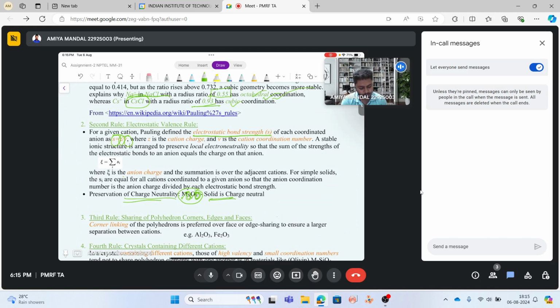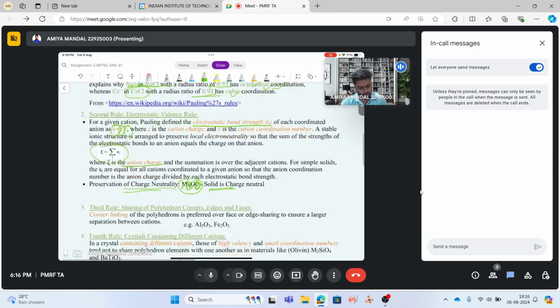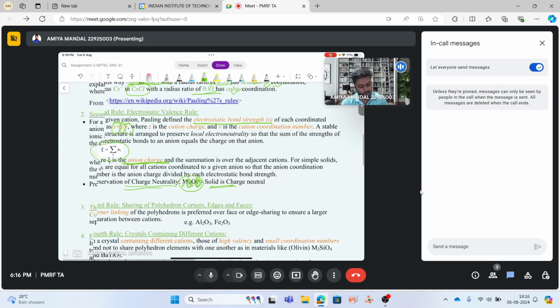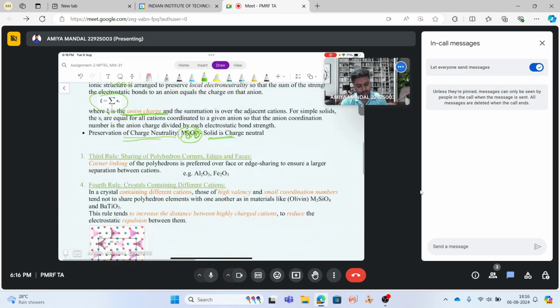The anion charge is also determined by the epsilon value, which is the summation over all bond strengths. So from here, bond strength and anion charge can be calculated, and the charge neutrality concept is also confirmed from this rule. And the third rule is sharing of polyhedron corners.